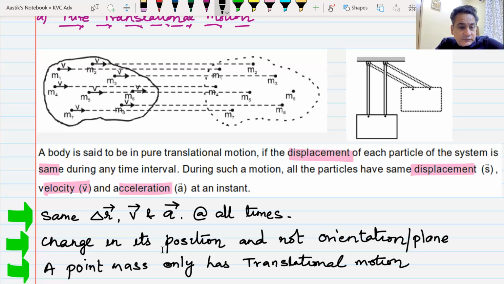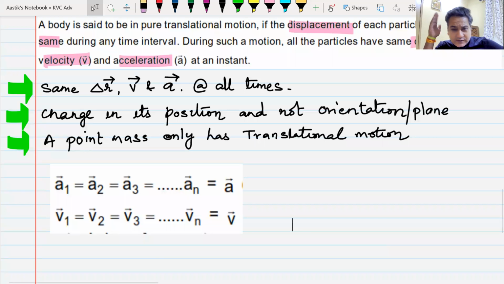Now, in pure translation, the velocities of all the particles, if I call them v1, v2, v3, v4 up till vn, are all the same as v, and all their accelerations are the same as a. So instead of treating them as a collection of different points, we could treat them as one point.